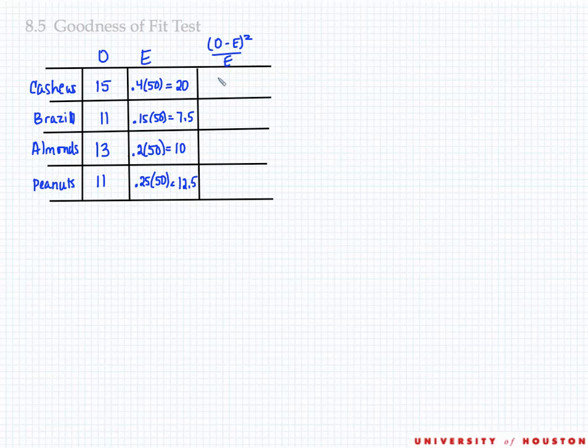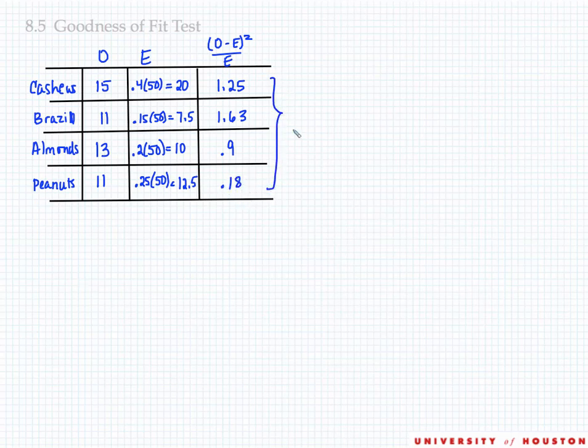Now we're going to calculate the observed value, 15 minus the expected, so 15 minus 20 squared divided by 20. That gives us 1.25. 11 minus 7.5 squared divided by 7.5 is 1.63. 13 minus 10 squared divided by 10 is 0.9. 11 minus 12.5 squared divided by 12.5 is 0.18.